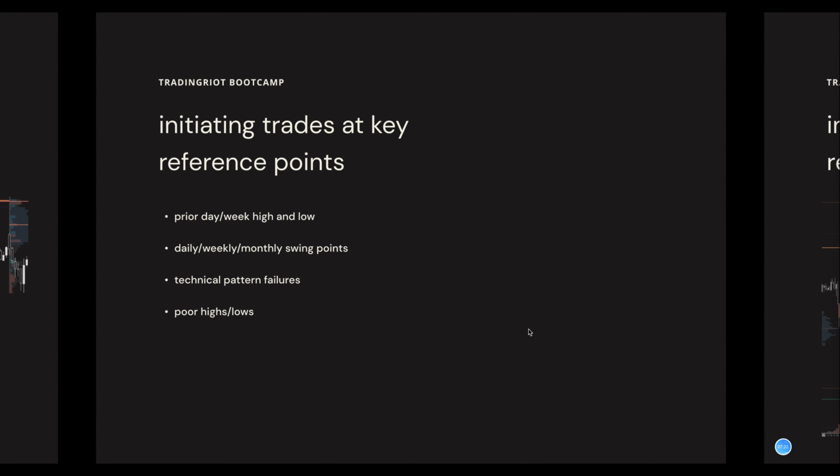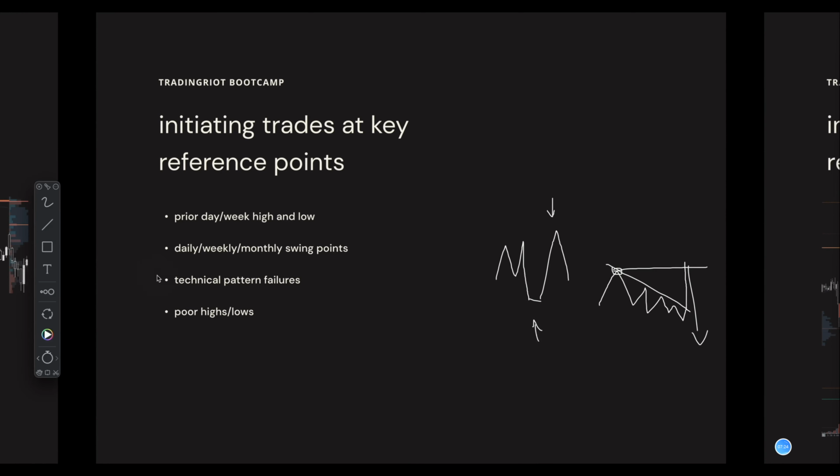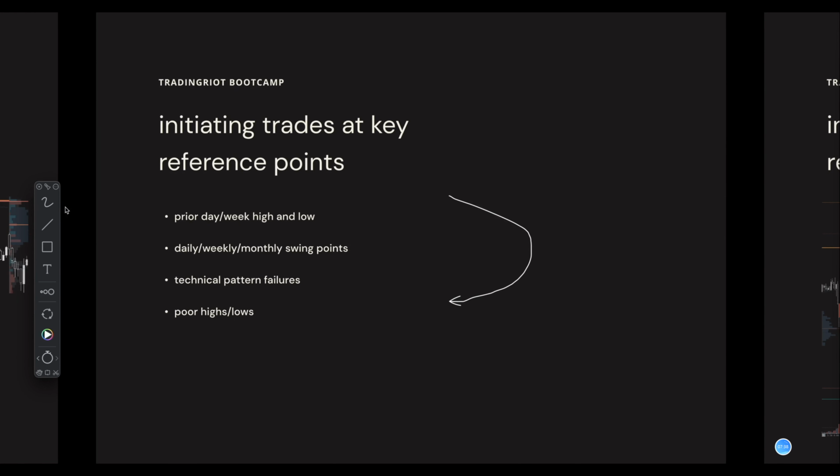What is interesting if you are intraday trading, and this happened to me plenty of times where I didn't pay enough attention, is that you have a value area from a day, looking something like this, and you have a poor low below it. The market starts trading on the next day.